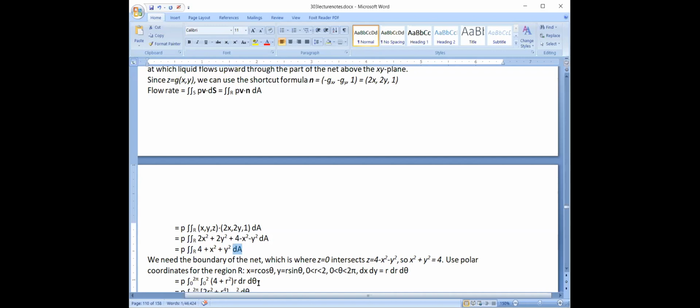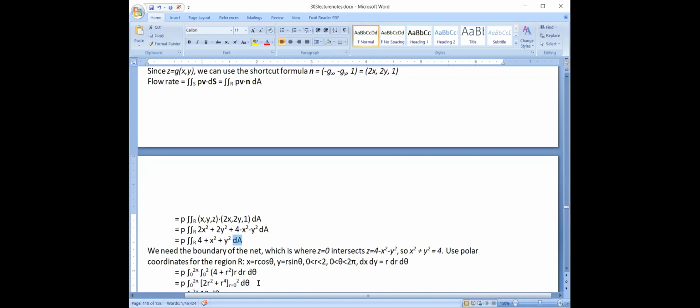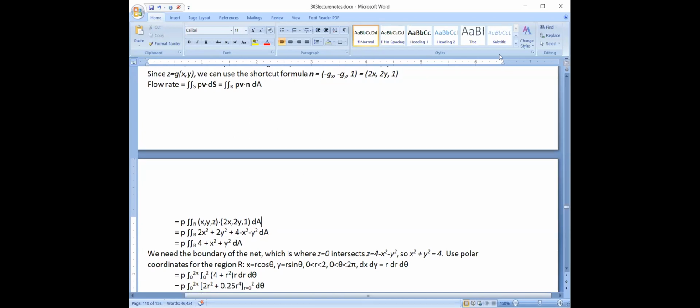Before we do the integral, of course, we'll distribute the r. So integrating 4r plus r cubed dr, you get 2r squared plus 1/4 r to the 4th, evaluated as r goes from 0 to 2.